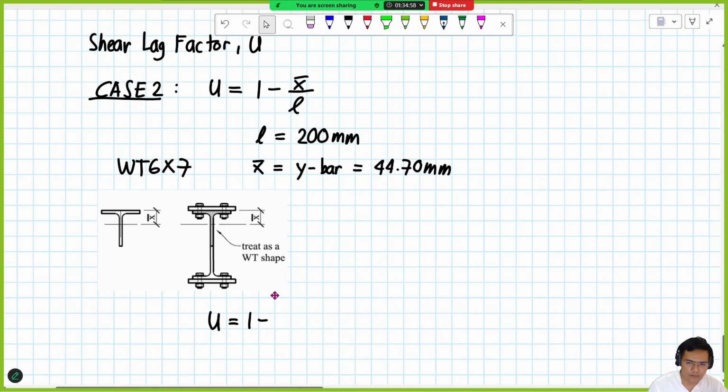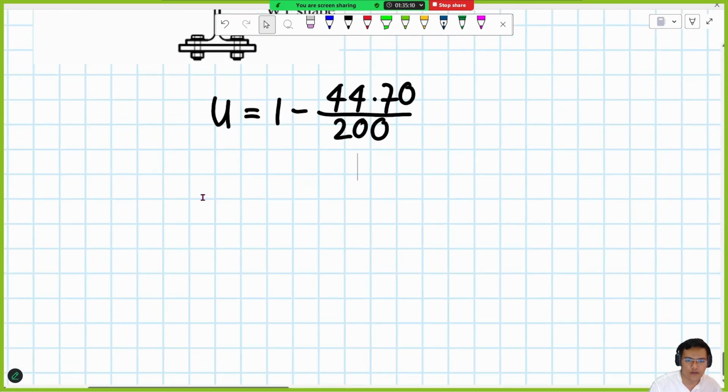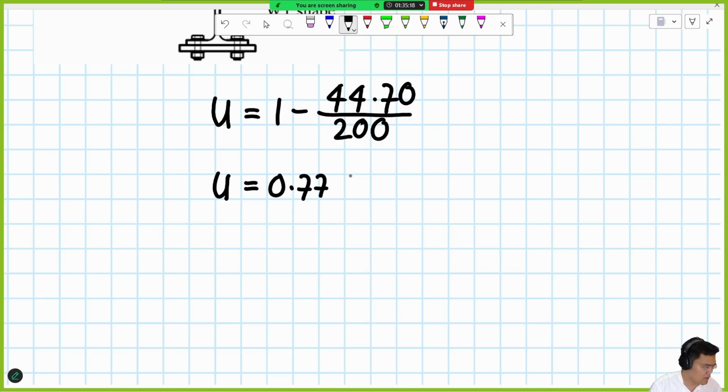X bar is 44.7, divided by the value of L, which is 200. So we have the value of the shear lag factor. Ilan to? 0.7765. Okay, sige, okay na tayo sa case 2.